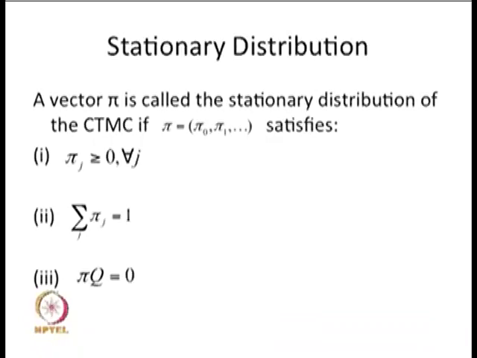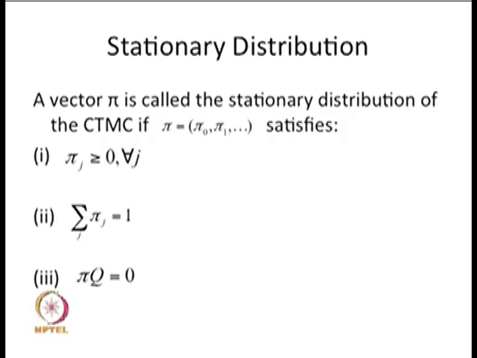In a similar way, I have discussed the stationary distribution for the DTMC model also. Instead of pi Q equal to 0, we had pi P equal to pi. So if any vector satisfies pi P equal to pi and summation of pi i equal to 1 and all the pi i's greater than or equal to 0, then that is going to be a stationary distribution for the DTMC.